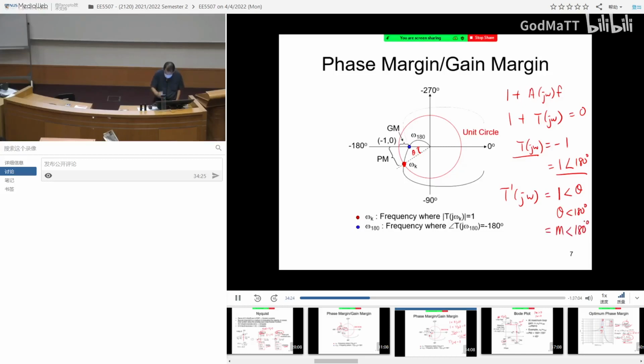When the angle is 180 degrees, what is the magnitude? If the magnitude is less than 1, stable. Okay? And better yet, these actually allow us to quantify how stable a system is. Both ways are doable, but in circuits, you will see a lot of times we use phase margin instead of gain margin.